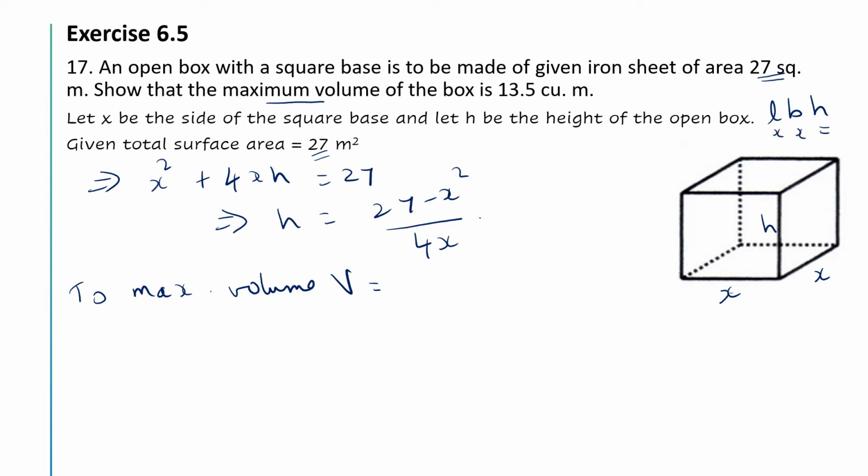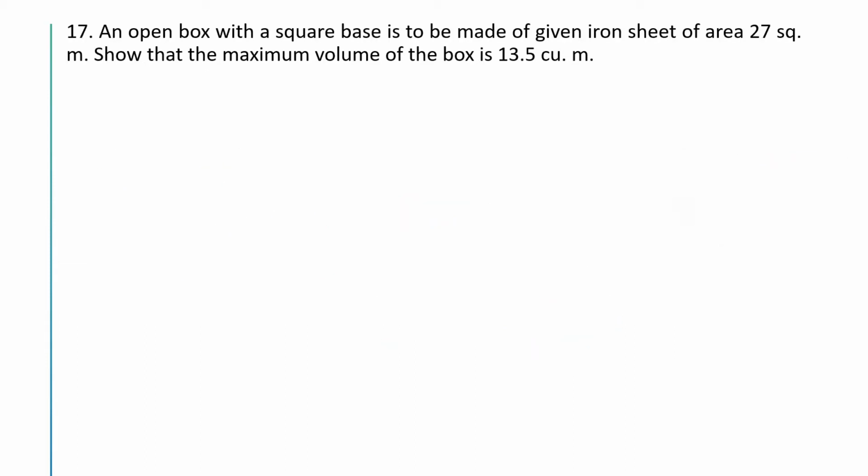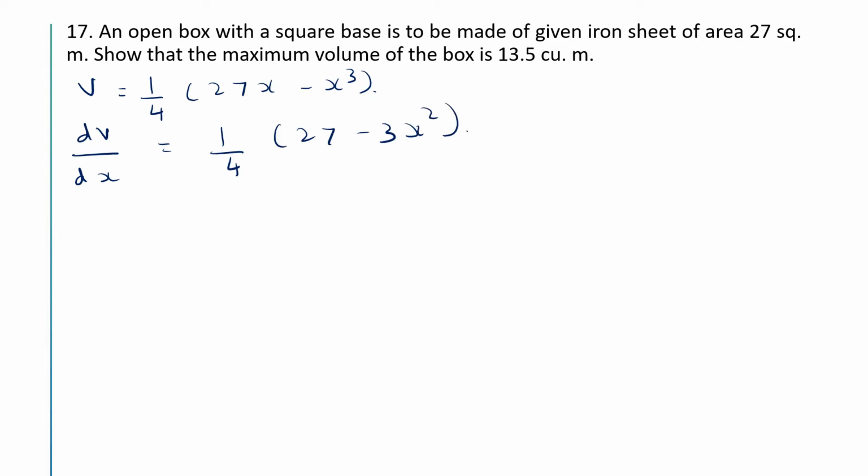So to maximize, volume V is equal to x square into h, or it is equal to x square into, here we have h as 27 minus x square by 4x. So dV by dx is equal to 1 by 4 into 27 minus 3x square.